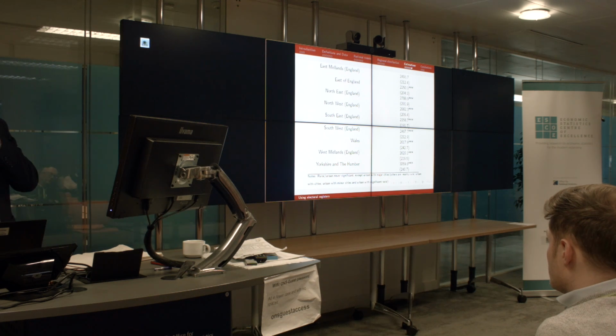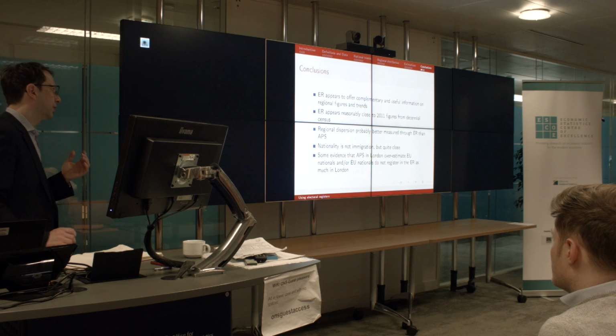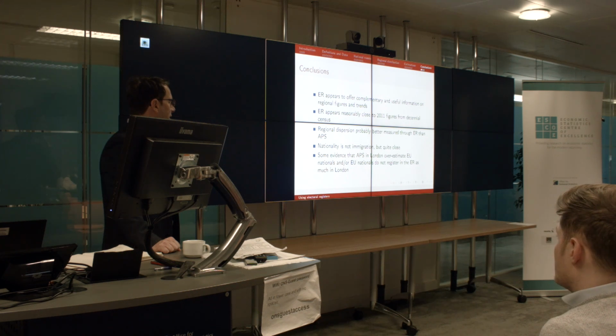So I've been grappling with this notion that people might say, yes, but nationality is not immigration. Is it really not? I think it's quite close to immigration at the end of the day. As you stay longer in a country, your likelihood of becoming British increases.